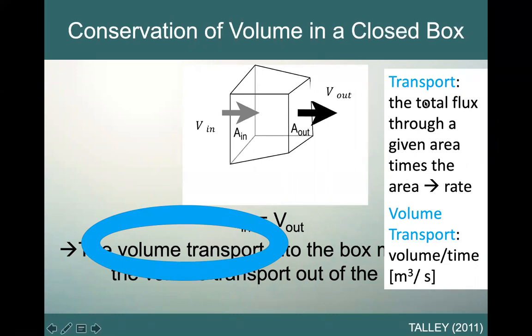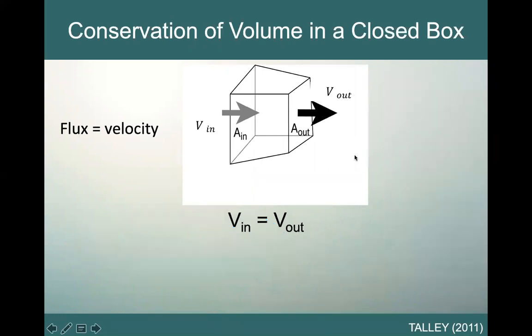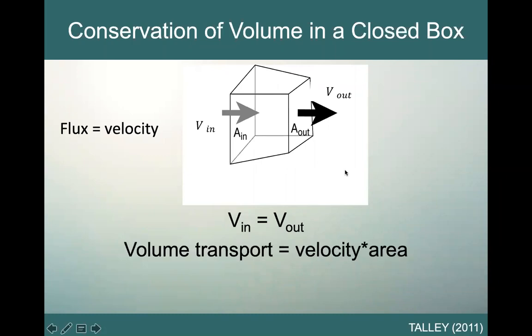That means that the flux we have here is just our velocity. When we're talking about volume transport, the flux is just the velocity of the water moving into our box. Using that idea, we can say that our volume transport in is going to be equal to our velocity times our area. Let's do a quick dimensional analysis to make sure that makes sense.